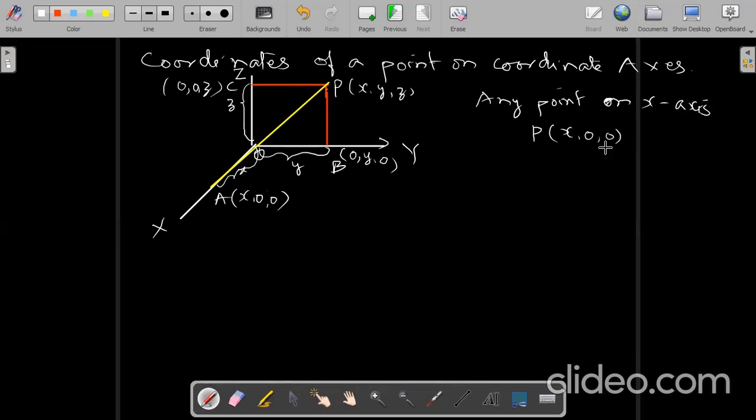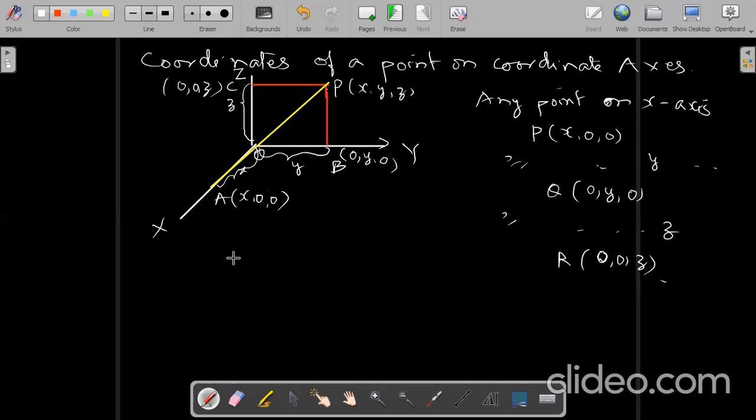Similarly, any point on the y-axis will be 0, y, 0. Similarly, any point on the z-axis will be 0, 0, z. Now any point on the xy plane.